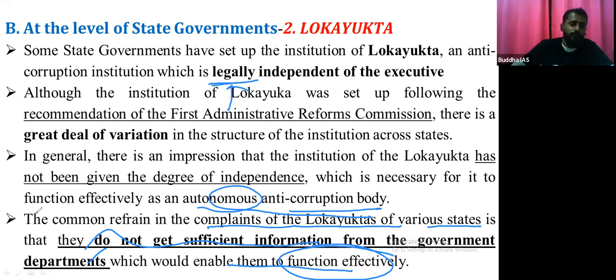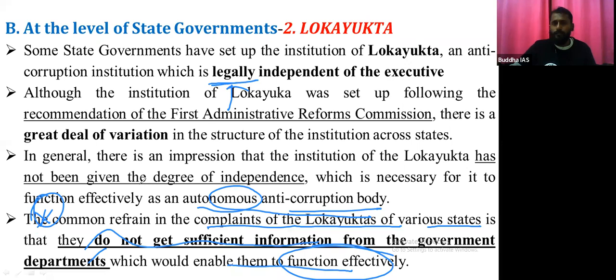This is very, very important. Why are Lokayuktas not able to function properly and effectively? Because the departments are not giving the information. If they don't have any information or appropriate information, how can they work? How can they bring the culprit to book?